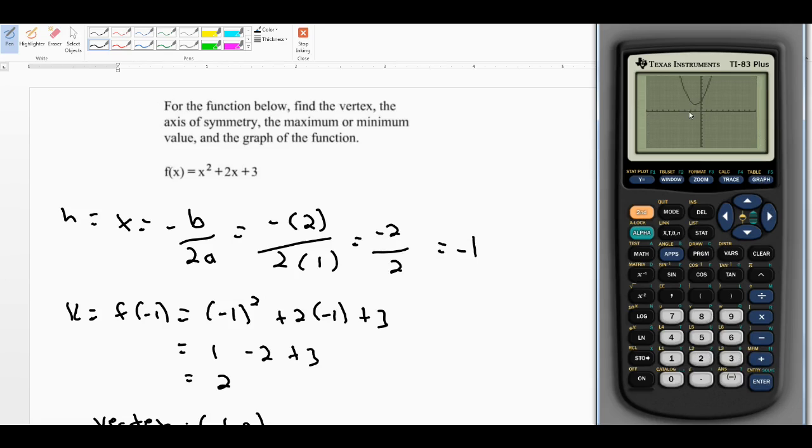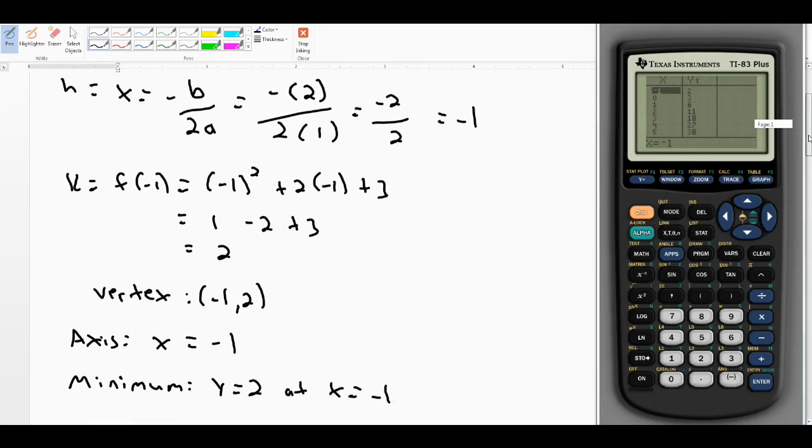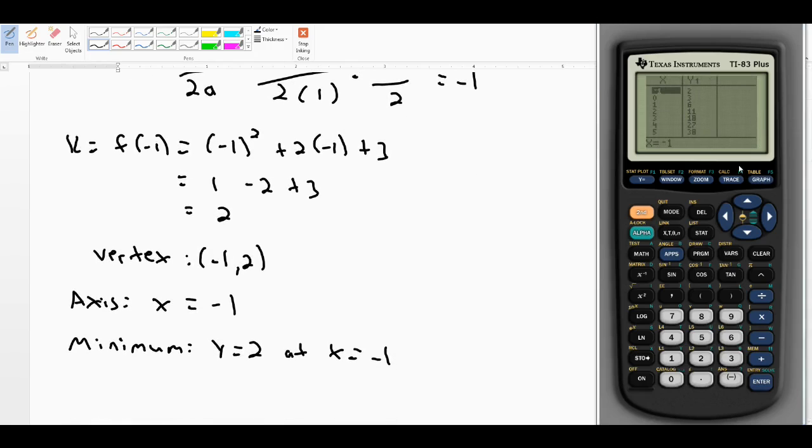So you can see from the graph that it is a minimum. If you look at the table, it looks like it is crossing at negative 1. I think 2 is what we said. Yeah, if we look at the table, you can see that negative 1, 2. And then we can also use the table to help us graph.